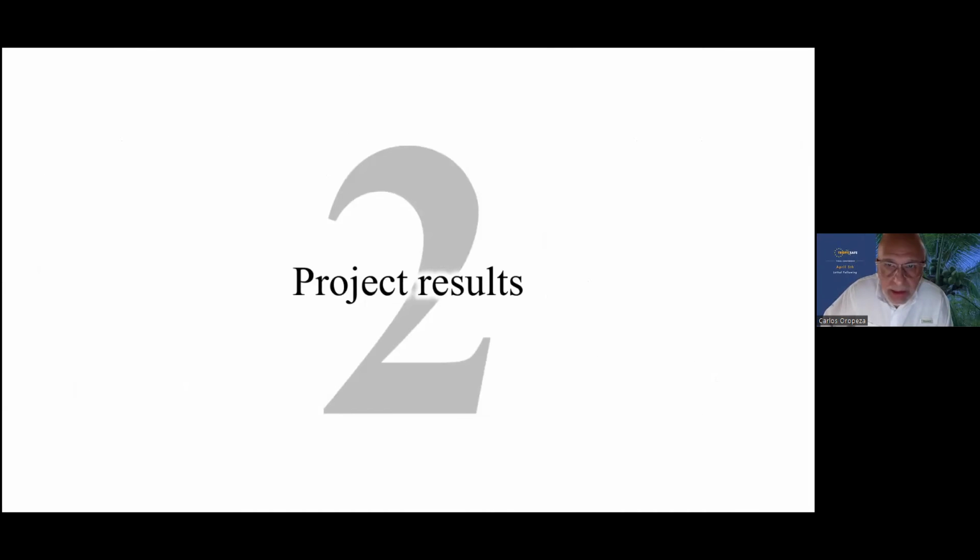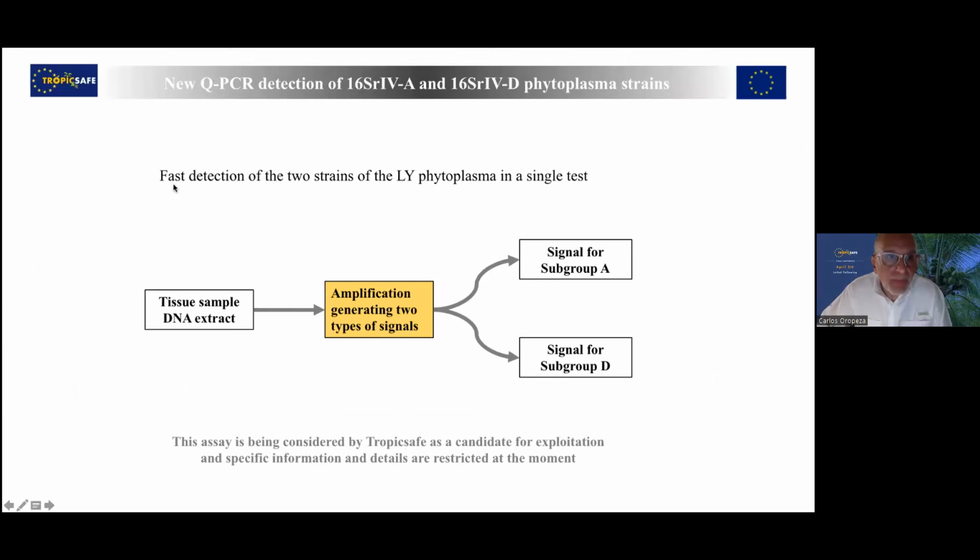Well, results. For this purpose, a method was developed. I'm not going to present details of how it was developed, not specific information either, because Tropicsafe considered that this could be a candidate for exploitation.